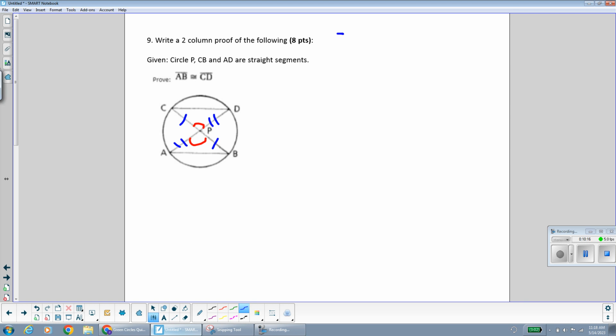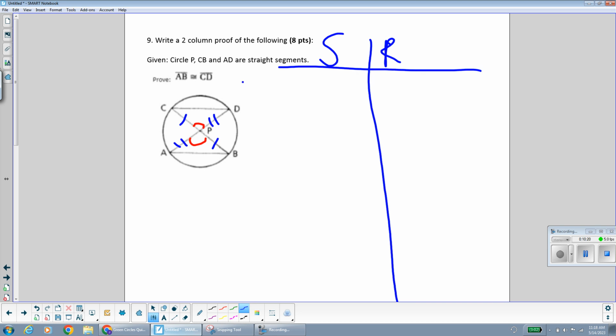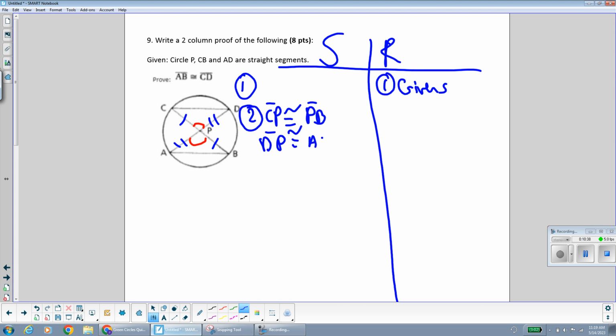So I'm going to write this up. It's a pretty straightforward proof. So my first step is my givens. Please make sure that you write out the givens on a test or the Regents exam. I'm going to just mention all the radii. So CP is congruent to PB. DP is congruent to AP.